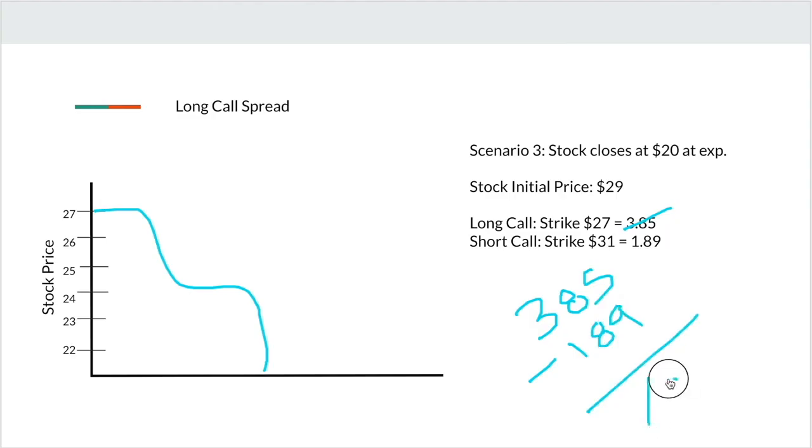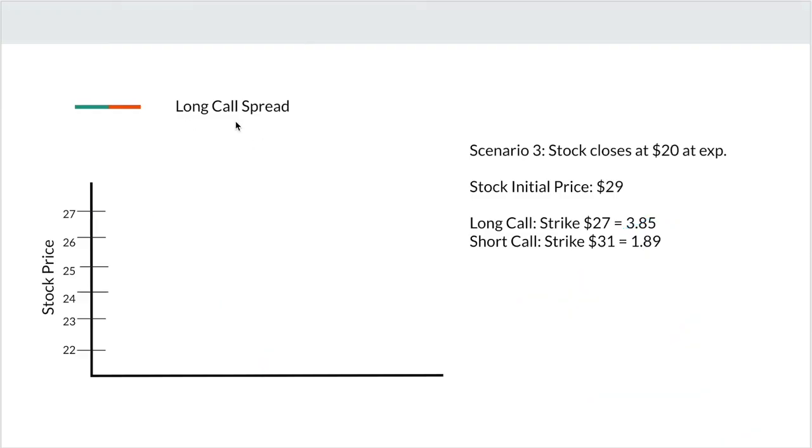As we stated earlier, the amount that you lose is the amount that you paid. That's the max amount that you could lose. So you only lose $196 versus losing your entire long call strike if you had just bought a single strike call. Again, another example of why it's so beneficial to have a long call spread.